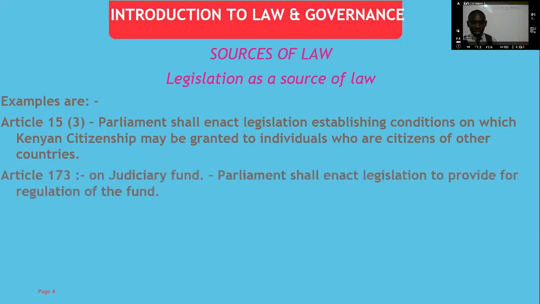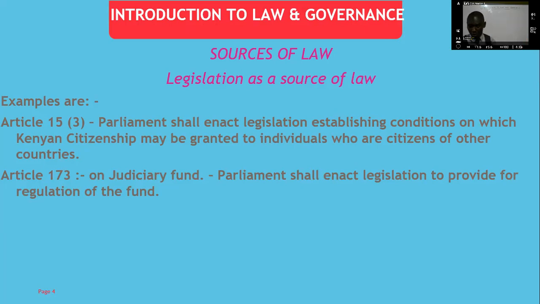Article 173, the issue of the Judiciary Fund, where the Constitution says that Parliament shall enact legislation to provide for regulation of the Judiciary Fund. So this is another direct manner in which the Constitution tells Parliament to make a law.